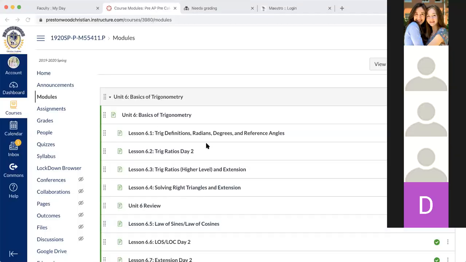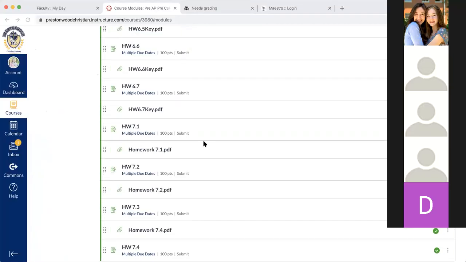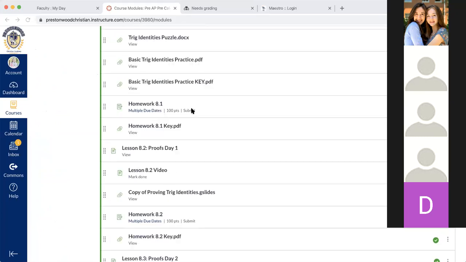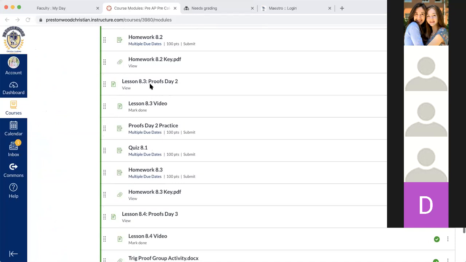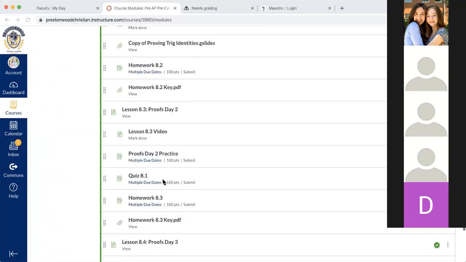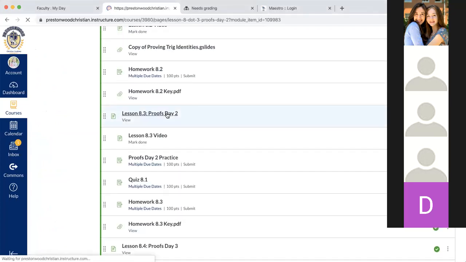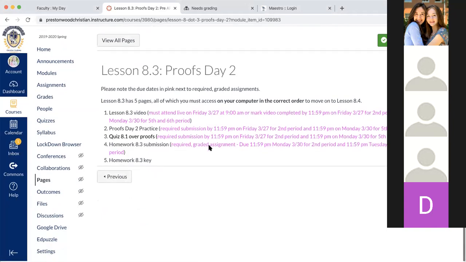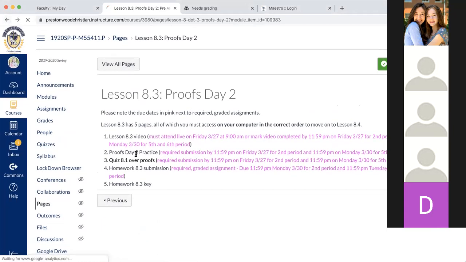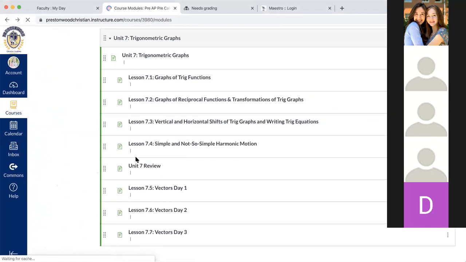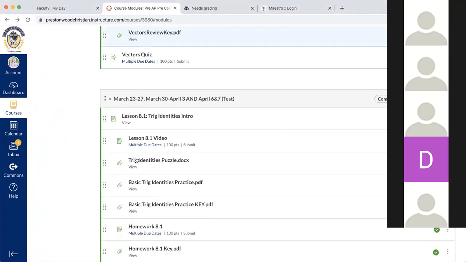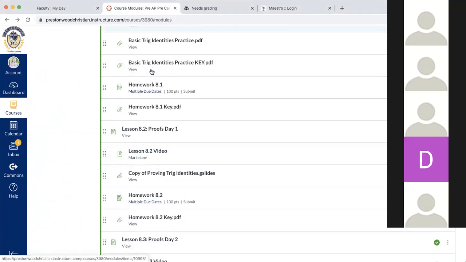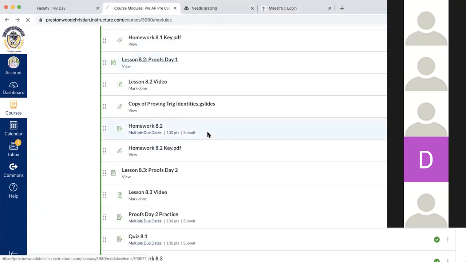They're not real common. If we look in this module that we've been working through, where did I put them? I think it was under proofs day 2. I did some of them. I could be lying to myself. Let me see. Definitely am lying to myself. Proofs day 1.